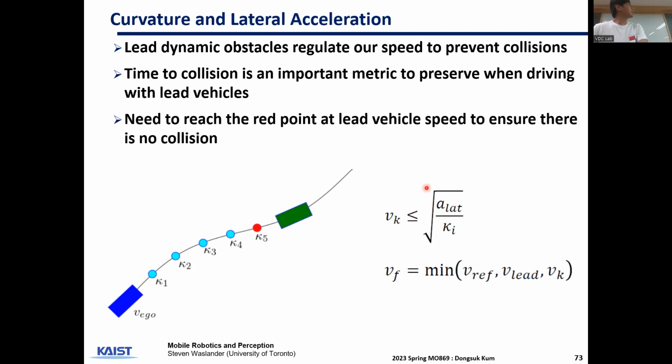Since the lead dynamic obstacles regulate our speed to prevent collisions, the time to collision is an important metric to preserve when driving with lead vehicles. This is a summary of the velocity constraints. And we need to reach the red point at lead vehicle speed to ensure that there is no collision.